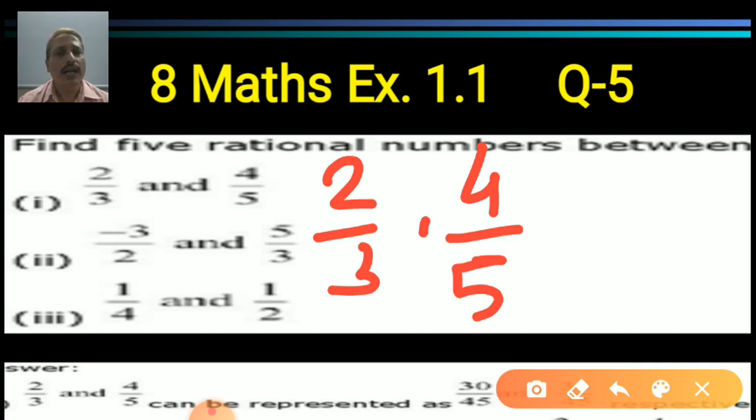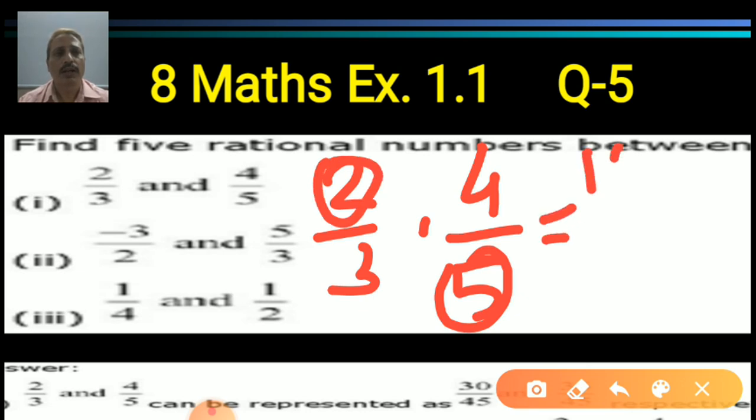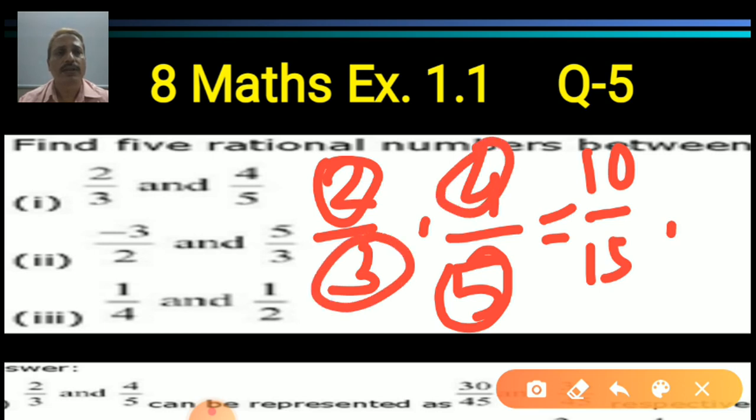I cannot write directly. I want to convert into an equal denominator. What do I do? Cross multiply. This 5 denominator will multiply with this 2. What gives us 10 and 3 into 5, that gives me 15. Okay. Now this 3 multiply with the 4 also. 4 threes are 12 and upon here 15.